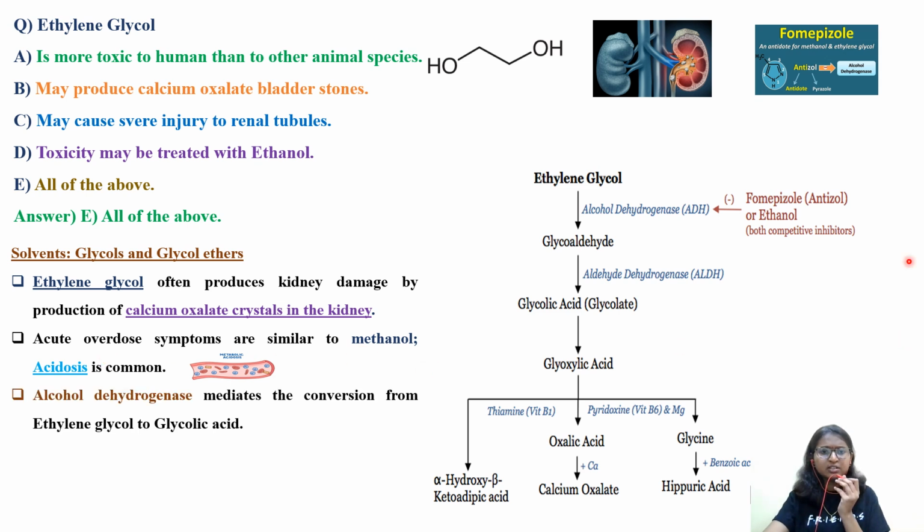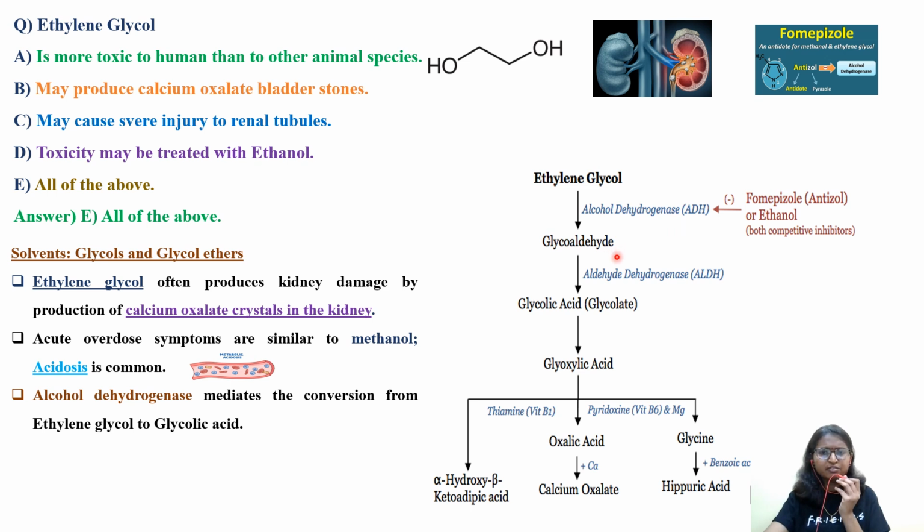Let's see how ethylene glycol gets metabolized in our body. Alcohol dehydrogenase, a very important enzyme, mediates the conversion of ethylene glycol. This is our solvent, ethylene glycol. In our body, it is metabolized by the enzyme alcohol dehydrogenase to glycoaldehyde.